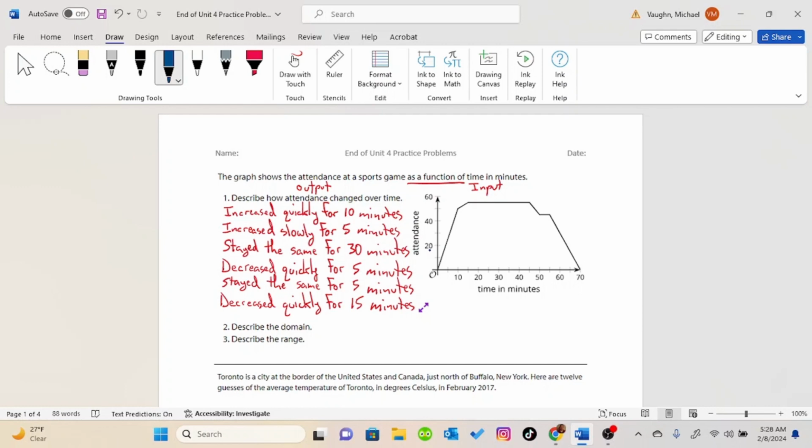So the domain would be all real positive numbers between 0 and 70.